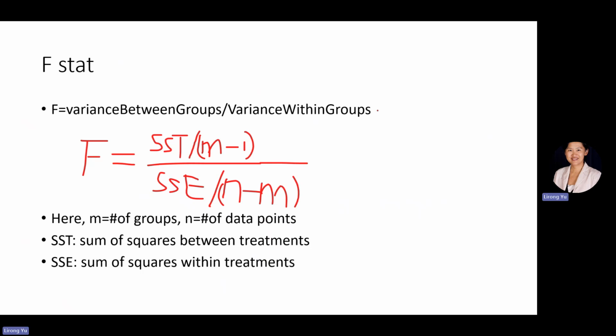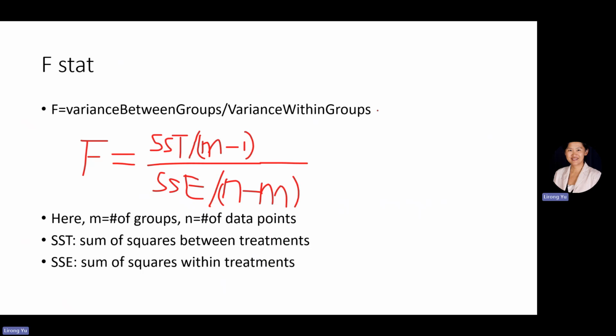So we'll calculate the variance between the groups divided by the variance within the groups, and that gives you an F statistic. Namely, the F tries to compare the variance between the groups with the variance within the groups. If the variance between the groups is large, you will get a bigger F value.